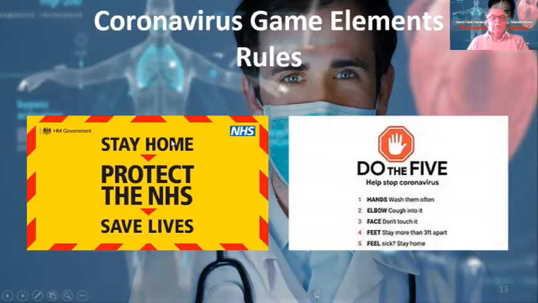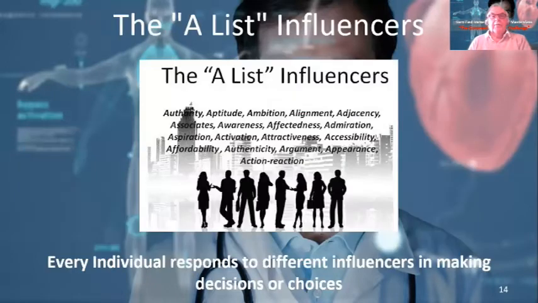Your response should be to stay at home. This is what you're aiming to do to protect the NHS and save lives. And what we need to do is provide ways of measuring the outcomes of your actions and feeding that back to you. And similarly, you've got the Do the 5 message, which gives 5 basic elements in responding to coronavirus.